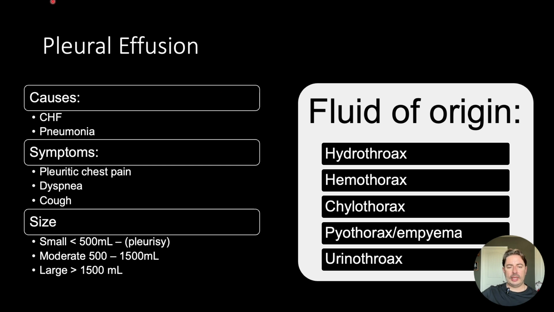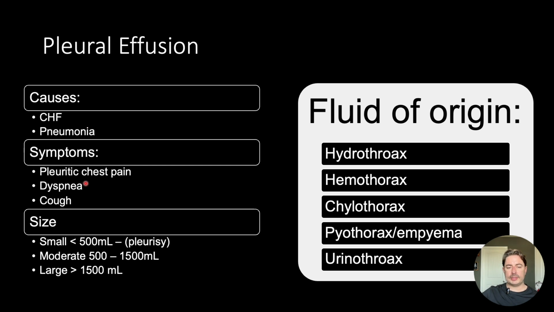So when we look at the origin or our etiology of the pleural effusion, there's a number of different things that we can have. We can have a pleural effusion from CHF, congestive heart failure. We can have a pulmonary embolism that can lead to acute heart failure that leads to pleural effusion. It could be a pneumonia or a bacteria that is causing the pleural effusion.